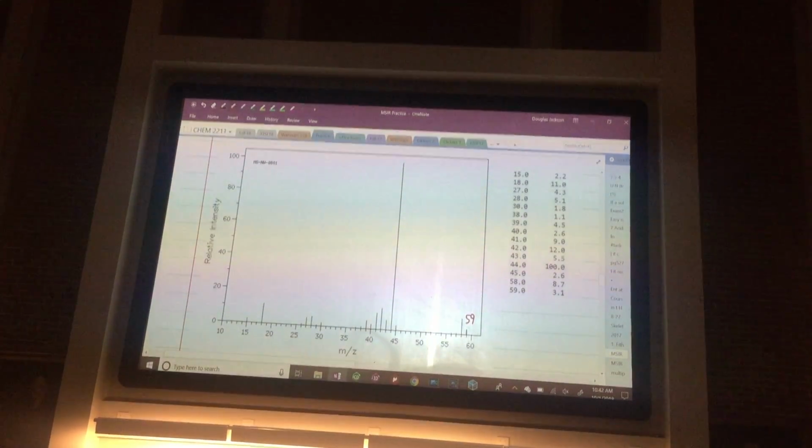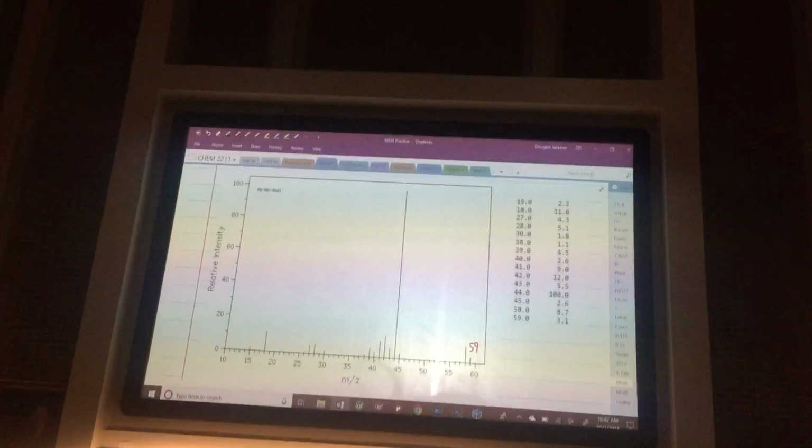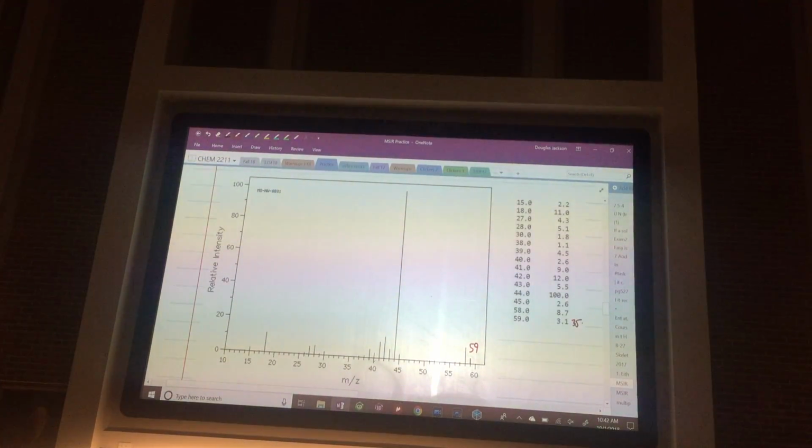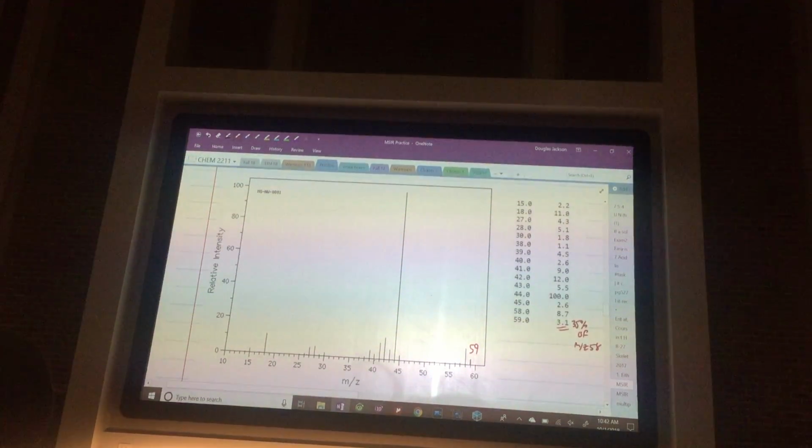3.1 divided by 8.7 is 35%. That's too big to be an isotope peak. 59 is too big to be an isotope peak in this spectrum.